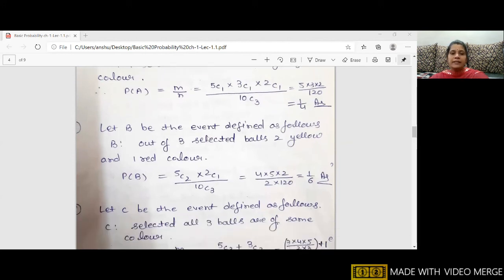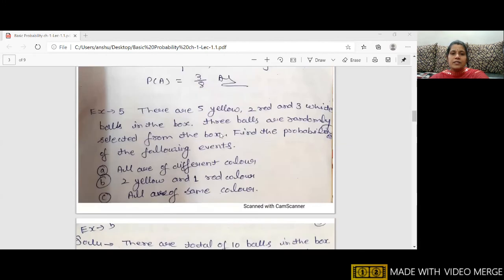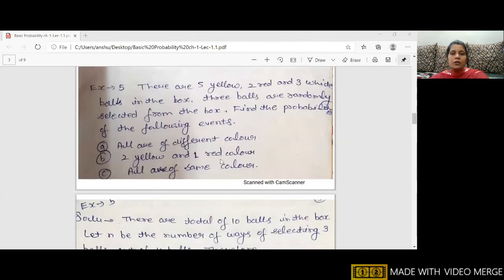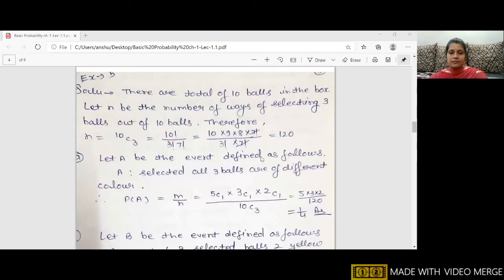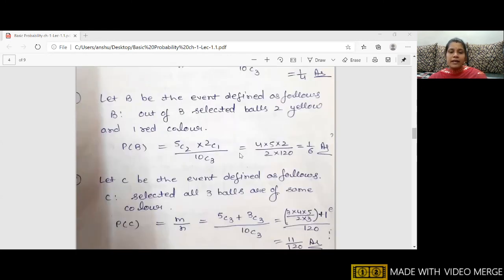Our second question is, 2 yellow and 1 red color. So let B be the event defined as follows: out of 3 selected balls, 2 yellow and 1 red. We have a total of 5 yellow balls in the box. So the probability of B is equal to 5C2 into, why do we write the multiplication sign?